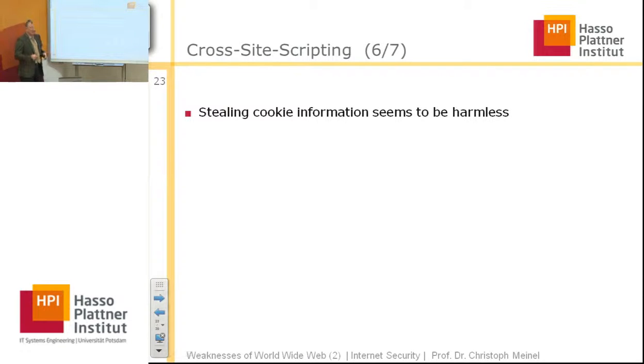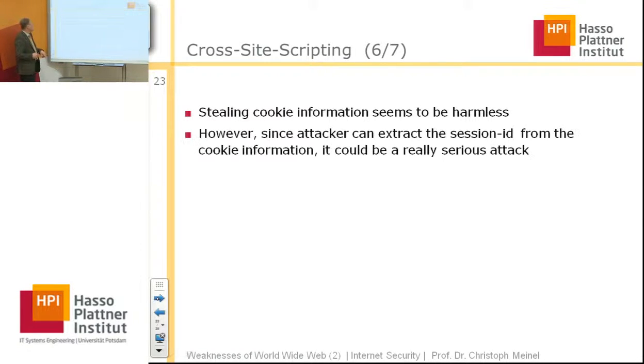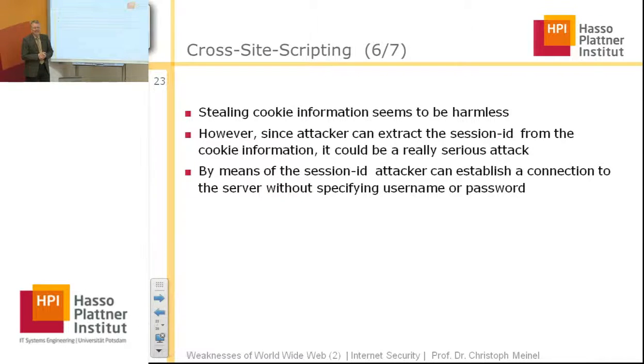Is it dangerous to steal cookie information? At first glance, it seems to be harmless. But since the attacker can extract the session ID from the cookie information, it could be a really serious attack, at least in the moment when the real user is accessing the website.